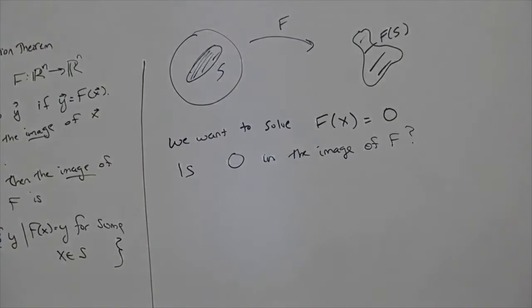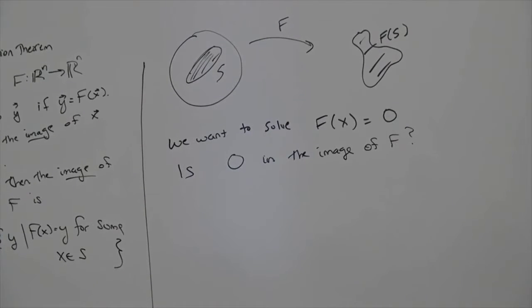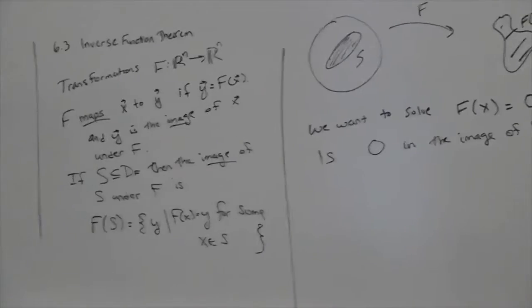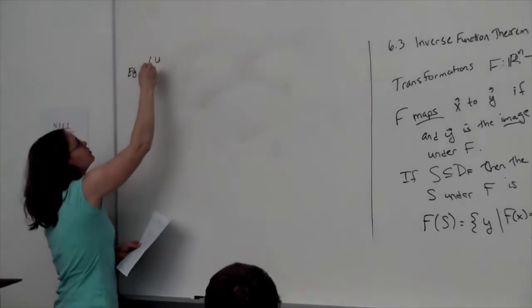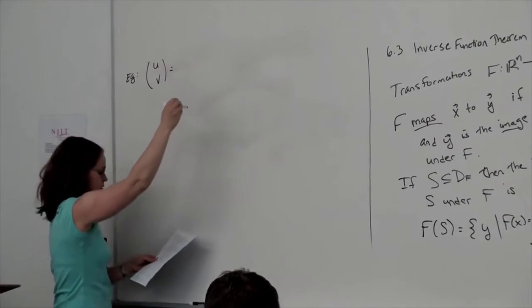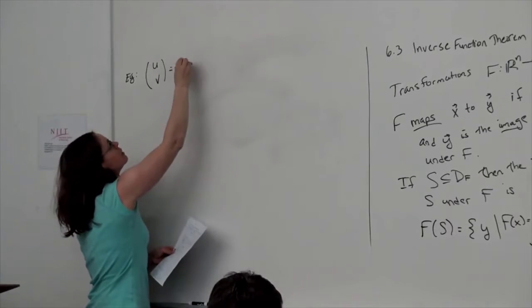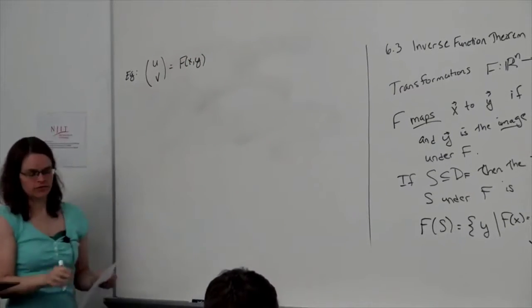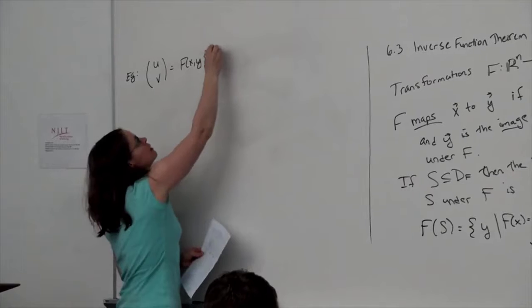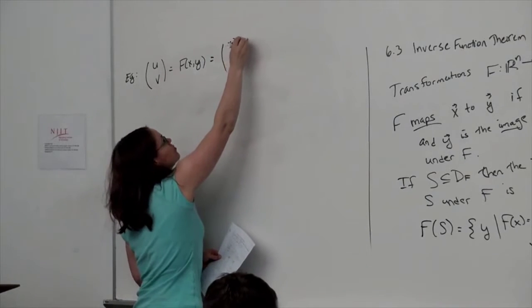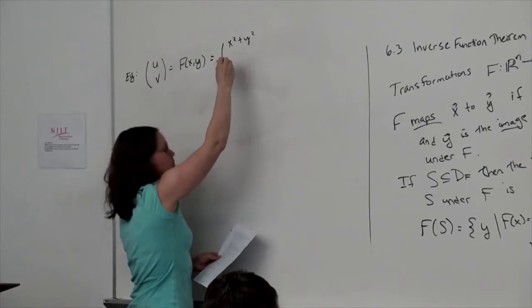Okay, so let's take a little example. Let's say that (u, v) is equal to some function of two variables, which is x squared plus y squared and x squared minus y squared.